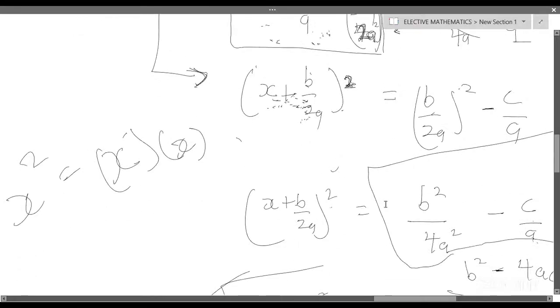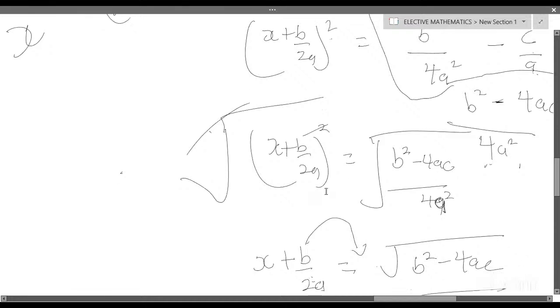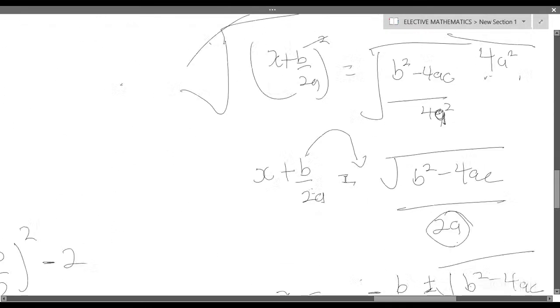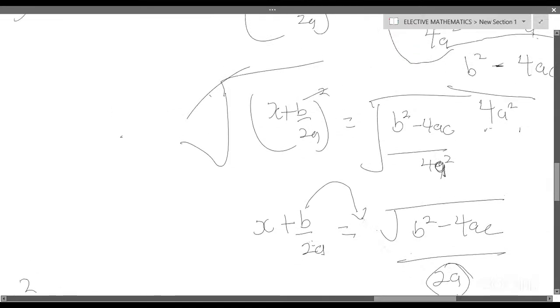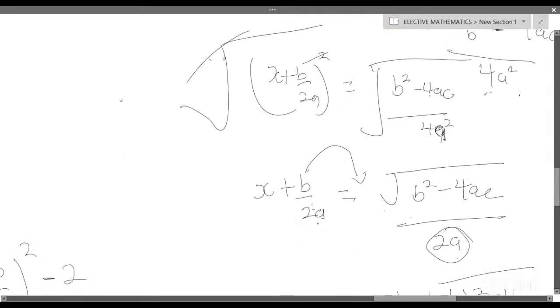The one with the slanted arrow: plus b over 2a, like this. This one, you've not made x the subject yet.